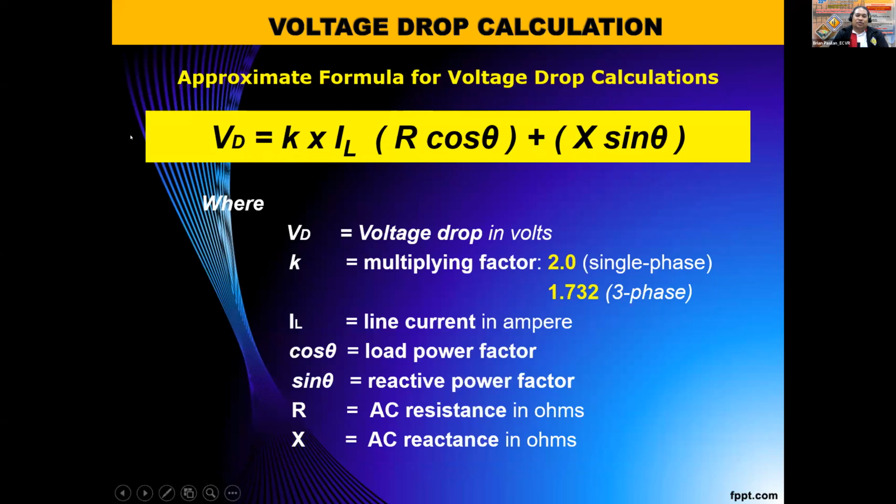Okay? So this is the formula: multiplying factor times the line current, times the load power factor or the cosine theta times the resistance of the cable or the cable and the transformers, plus the reactive power factor or sine theta times the reactance of the cable.